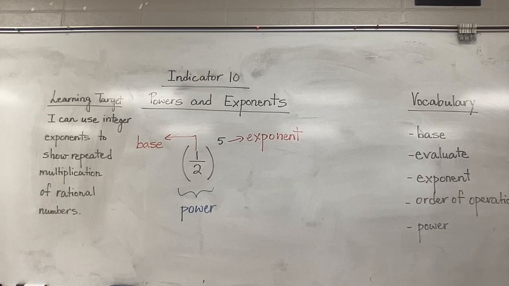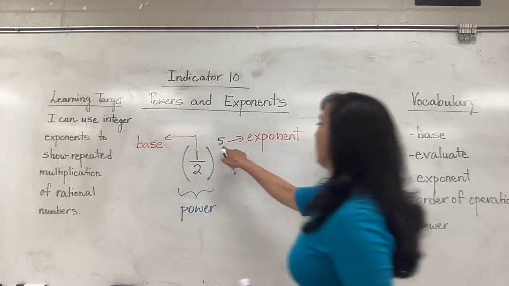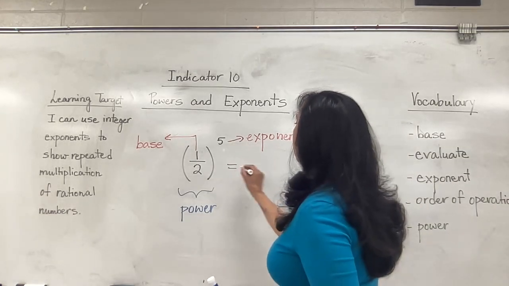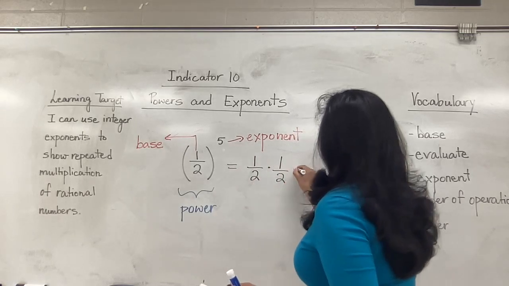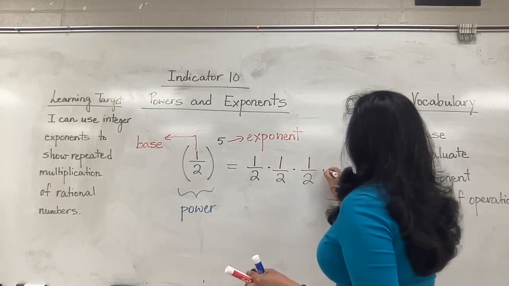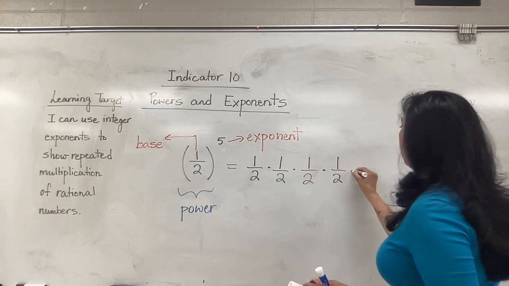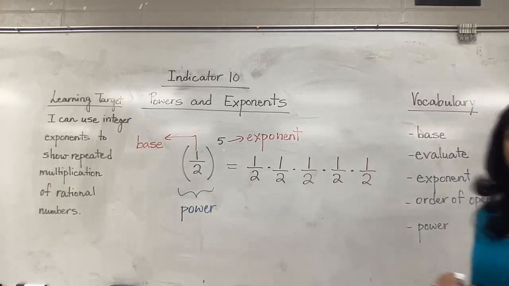Okay, so let's look at this. It's 1/2 to the fifth power. So 1/2 is used as a factor 5 times. Therefore this is 1/2 times 1/2 times 1/2 times 1/2 times 1/2.